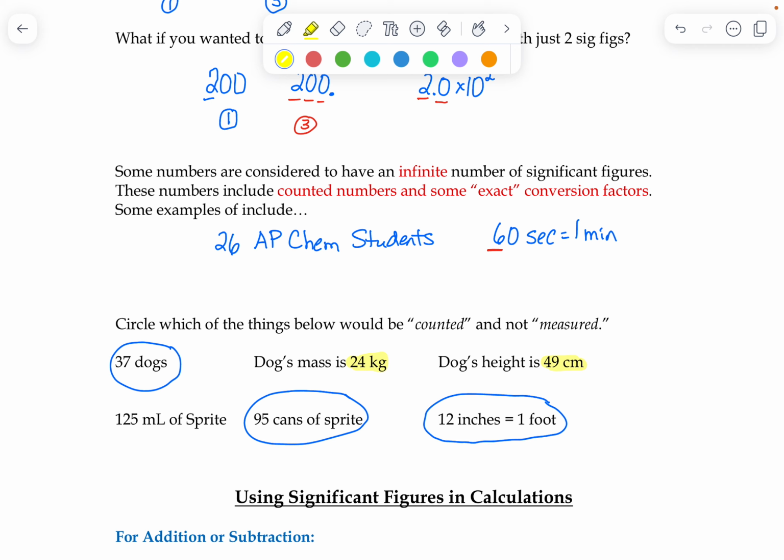If you wanted to pour out 125 milliliters worth of Sprite, you'd need a graduated cylinder, a measuring tool. So that's how you can tell the difference between infinite sig fig values and ones that have a limit to that number.